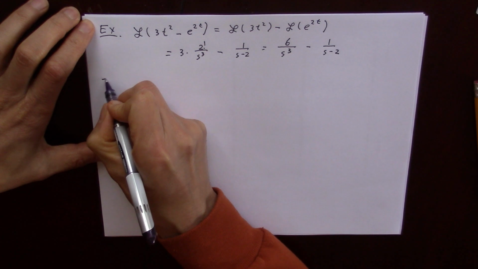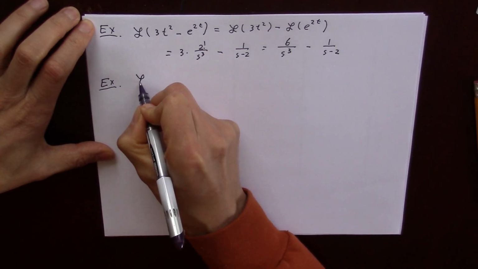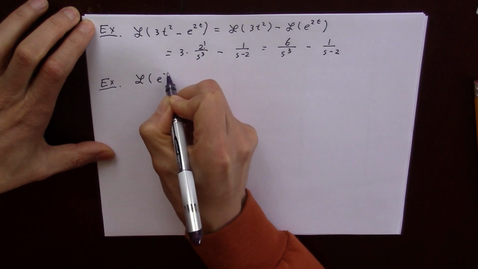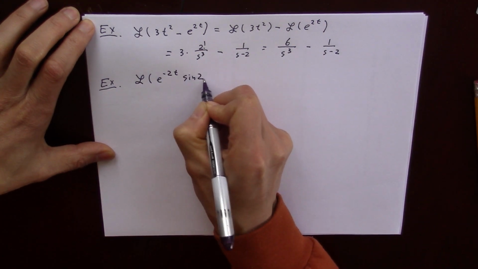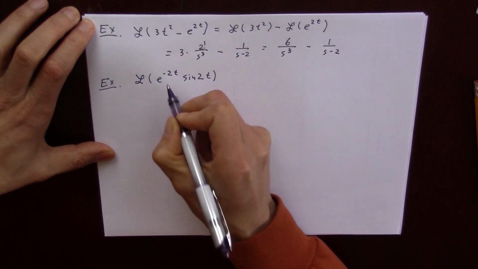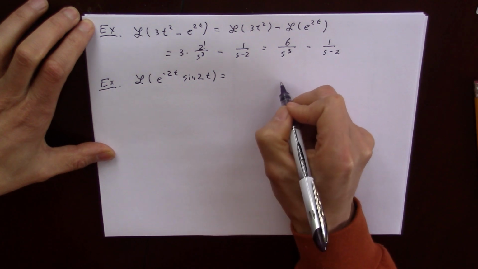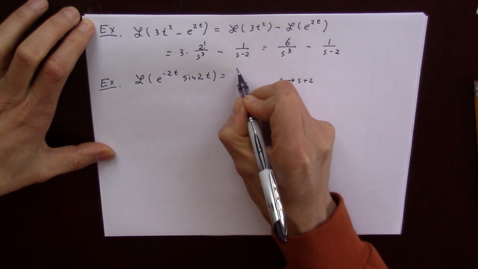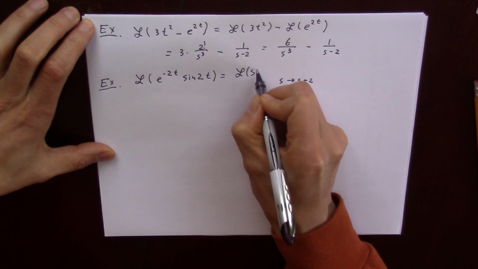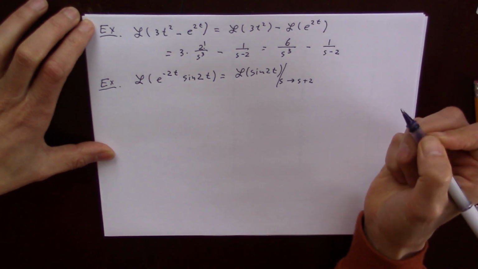Let me try to do another example. If I want to take Laplace transform of e to the negative 2t times sine of 2t, I have e to the negative 2t. That means I have to change s into s plus 2, and I will take Laplace transform of sine of 2t.